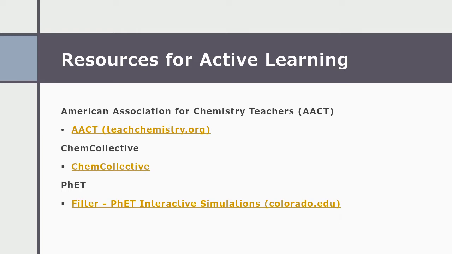Here there are online simulations of very complex topics that students may not understand when reading through a textbook, but when they visually see it, then they will understand the subject matter. There's also Chem Collective and PHET, where there are interactive online labs that students can look at. If there are not the right materials within the lab, they can also reference the video online.